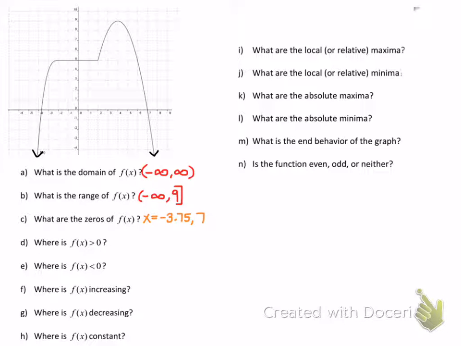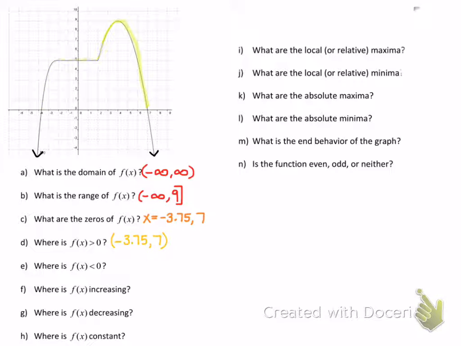Okay, so after having the zeros, we can identify where the function is greater than 0. Where it's greater than 0 is this whole piece above the x-axis. So we have the function greater than 0 from negative 3.75, and parentheses because it doesn't say and equal to, all the way to 7.